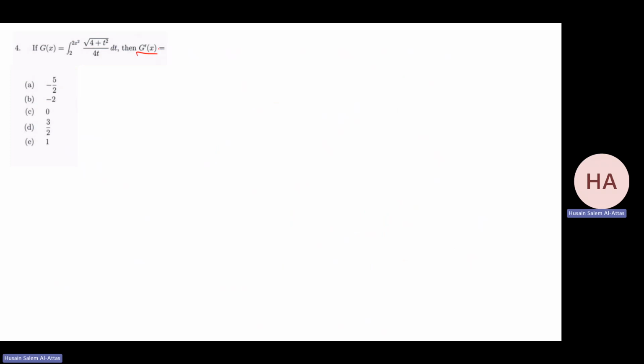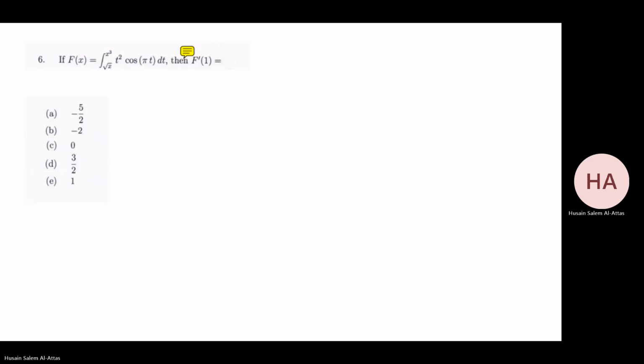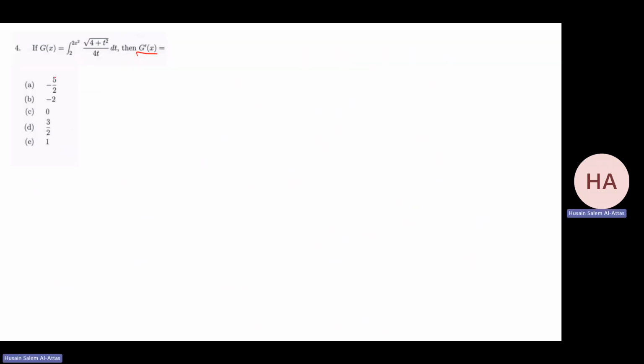G of x equals this, find g prime at x. Interesting. Oh, sorry. The answers are not these. These are the answers. A: square root of 1 plus x to the power 4 over x. Sorry for that. B: square root of 1 plus x to the power 4 over 2x.